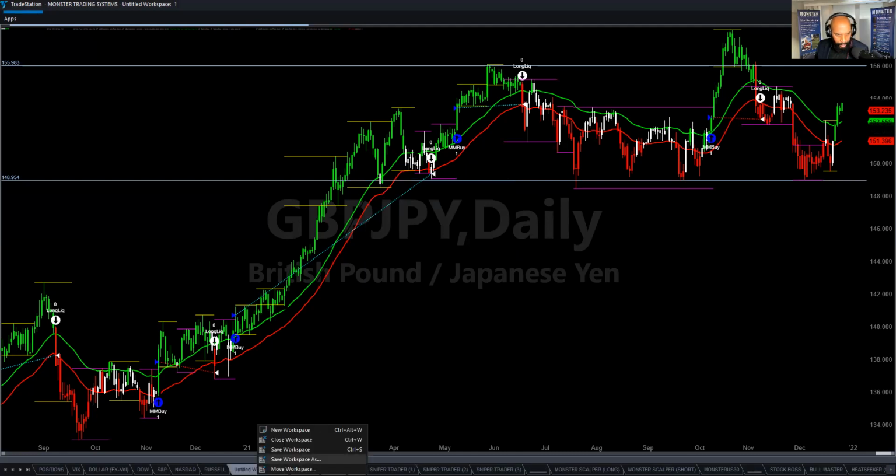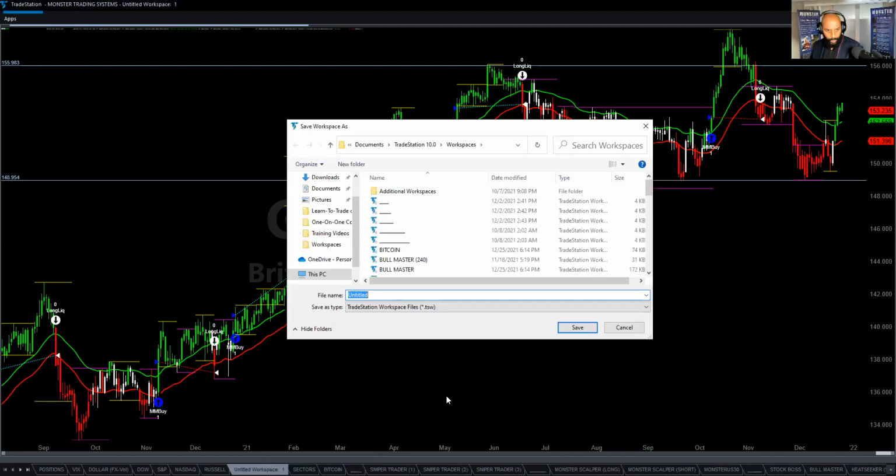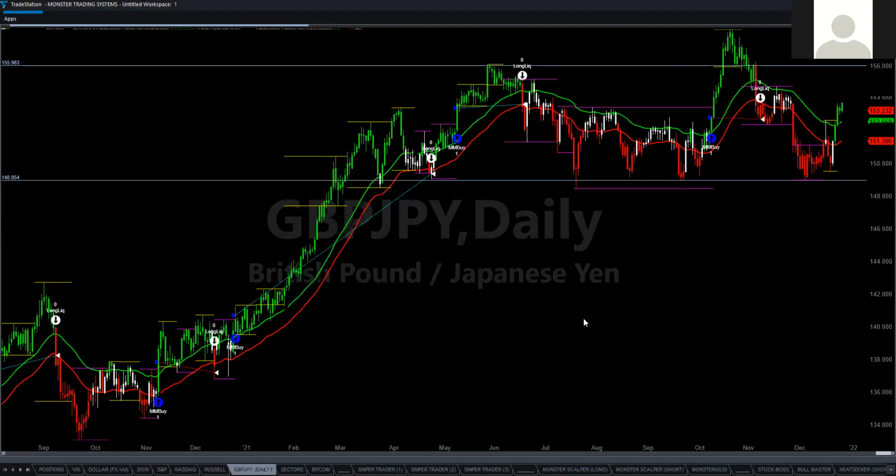Any questions on what we're doing here, guys? What's the resistance again on the yen, just so I can see it one more time? On which time frame, the 240 or the daily? Let's look at the 240 actually.